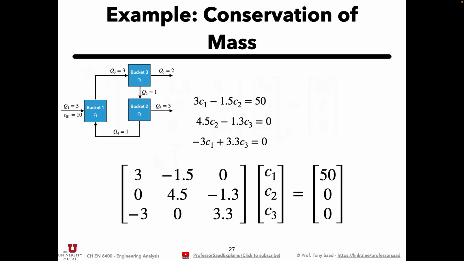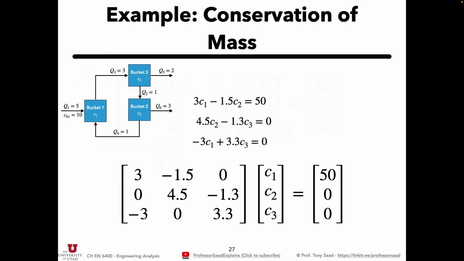And I have this set up, but suppose I want you to find C1, C2, and C3 for 500,000 combinations of Q1 and C01. So I'm going Q1 1, 1, 1, 1, 2, 1, 3, 1, 3.1, thousands of combinations, 500,000 of them. Think about what happens here.